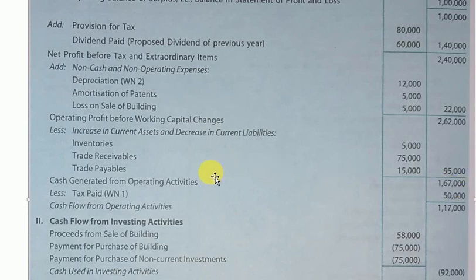This is known as cash generated from operations. Because we have to subtract tax paid, we will subtract tax paid 50,000. This will result in 1,17,000 positive, and this is cash flow from operating activities.